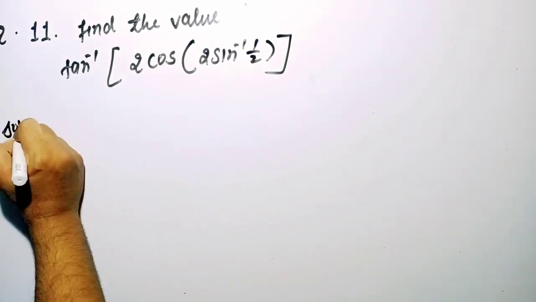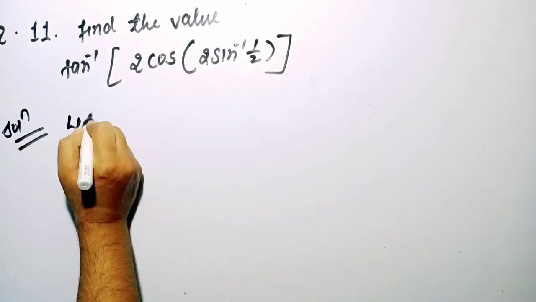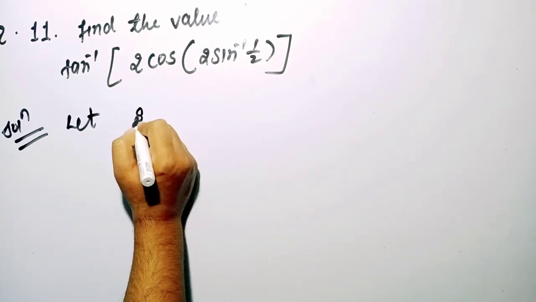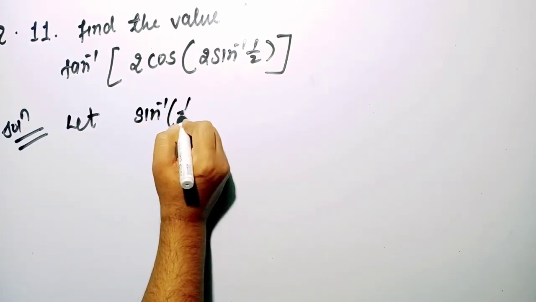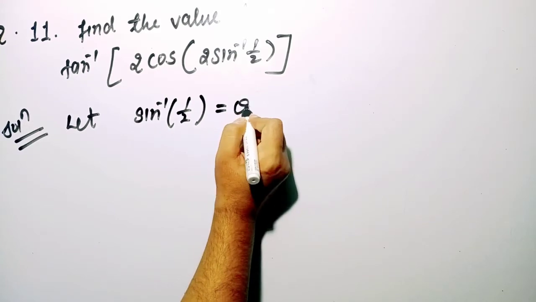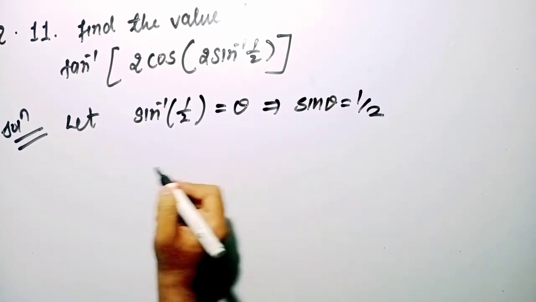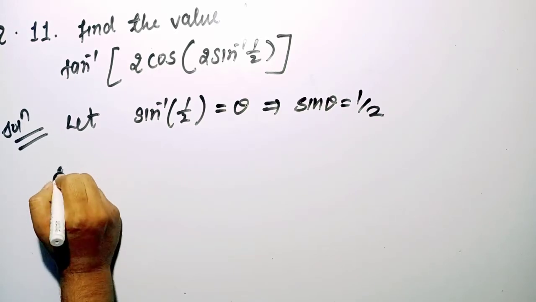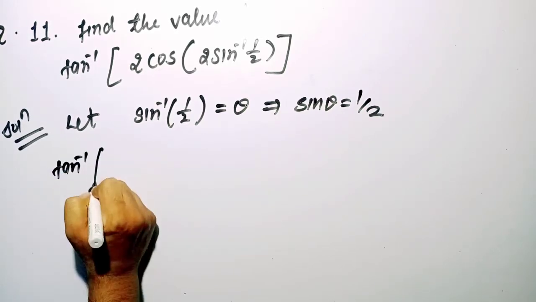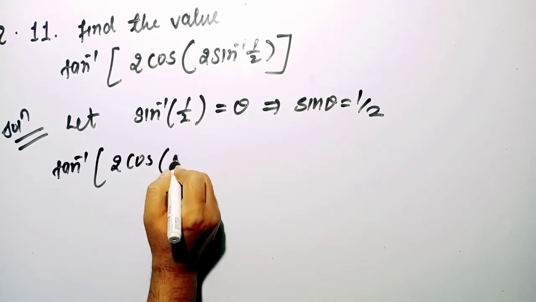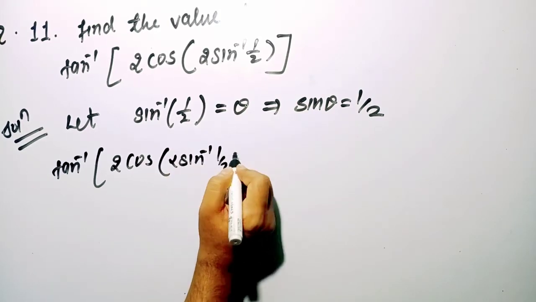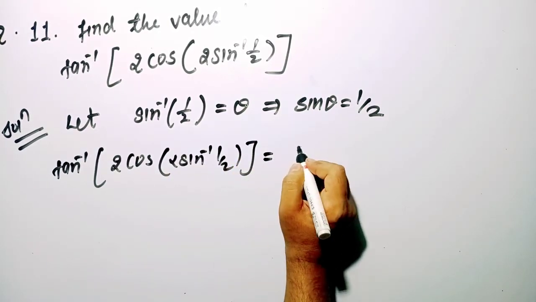Okay students, to simplify this, 2 cos 2 sin inverse 1 by 2, consider sin inverse 1 by 2 is equal to theta. So if we consider theta, we will get sin theta equal to 1 by 2.